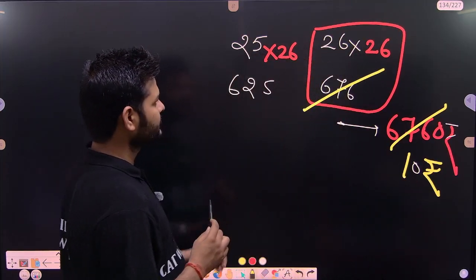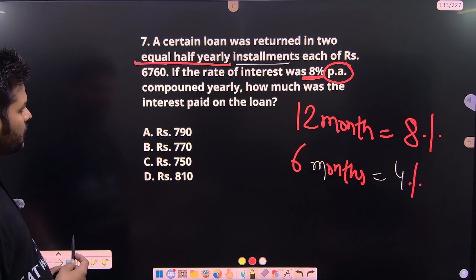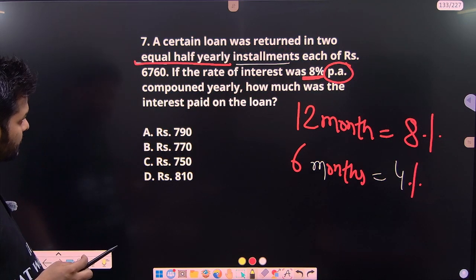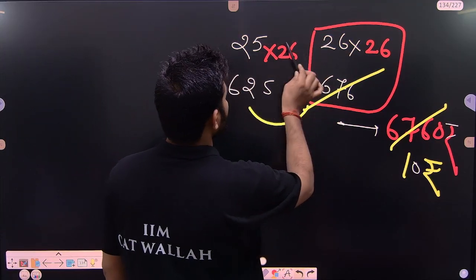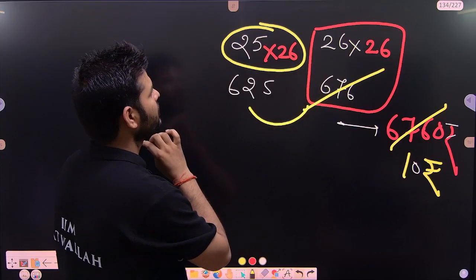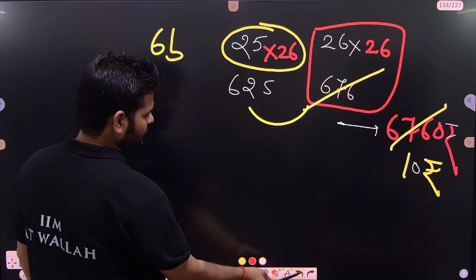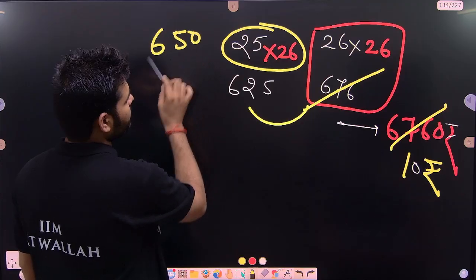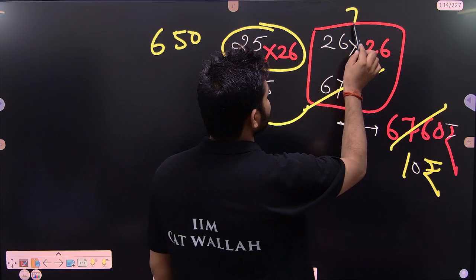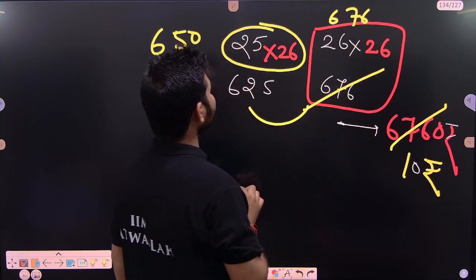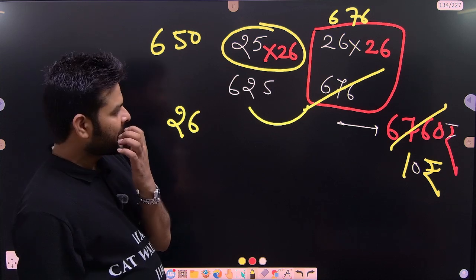So we have been asked the total loan and the interest. The interest for the first year: 650 and 676, the difference is 26, which is our interest.